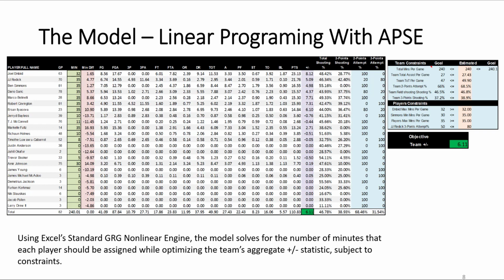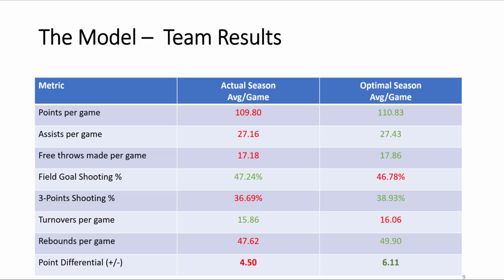The model prescribed a recommendation of the number of minutes per game per player and evaluates team performance in every major statistic. We have the benefit of hindsight, looking at the actual 2017-2018 season and comparing those metrics against our optimal season.